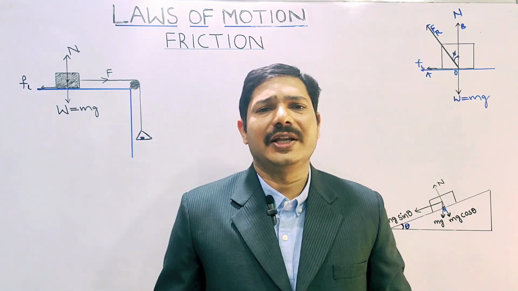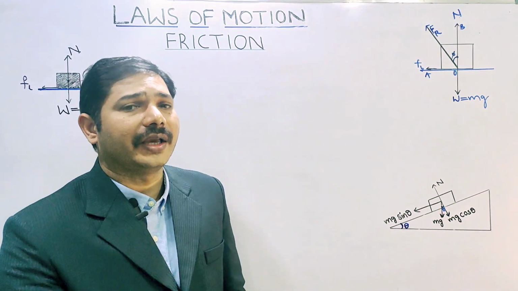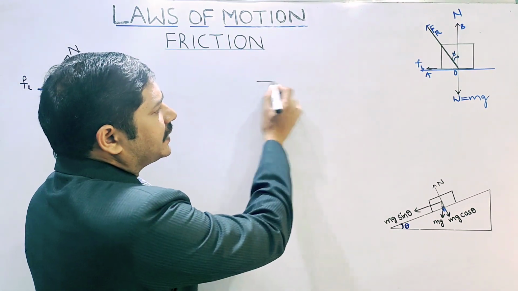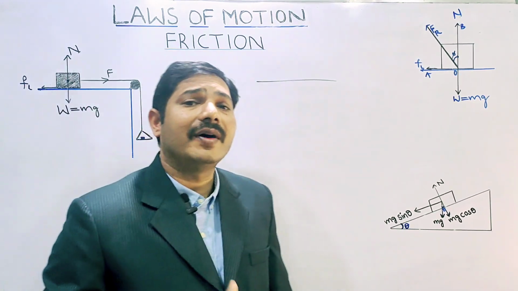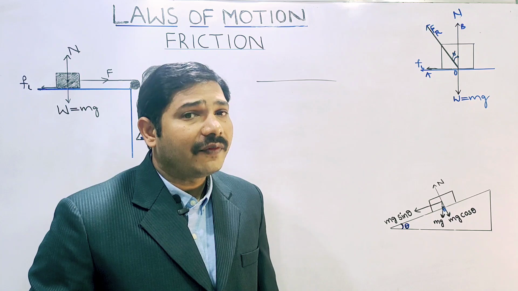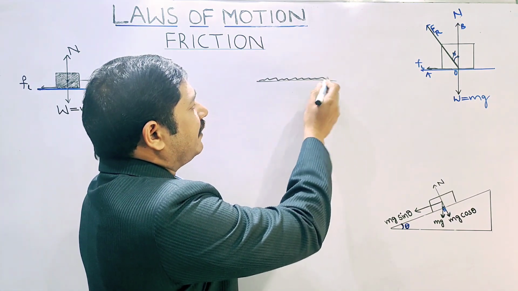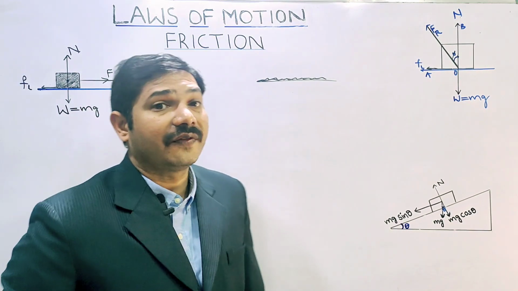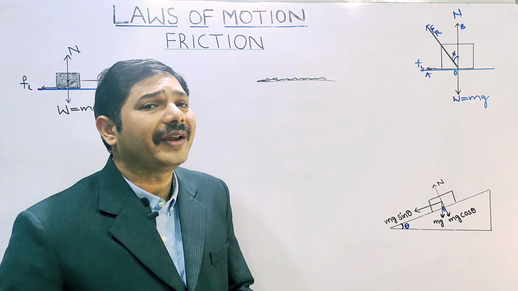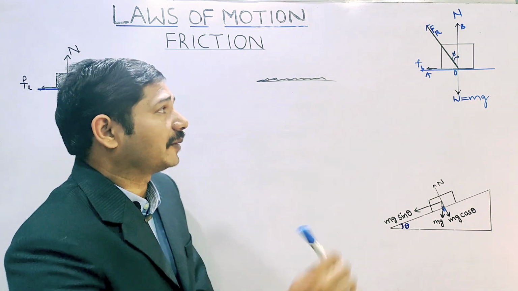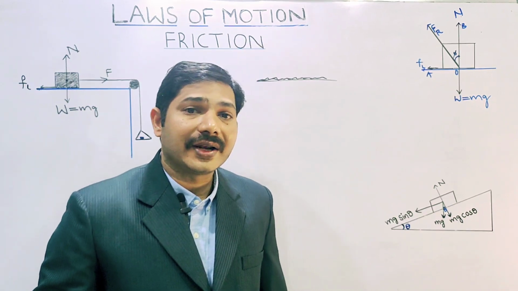Generally, we think of a surface as very smooth. But when seen under a powerful microscope, the surface consists of elevations and depressions. When a body moves on that surface, the body also has some elevations and depressions, like irregularities.